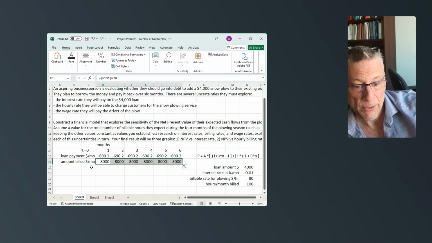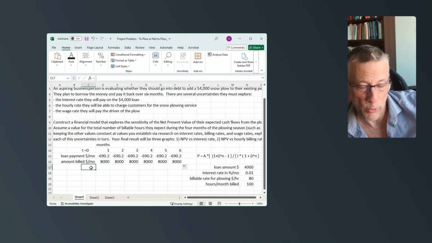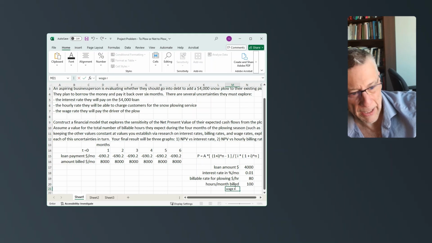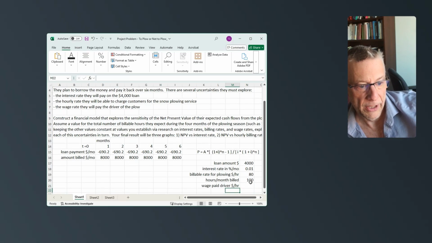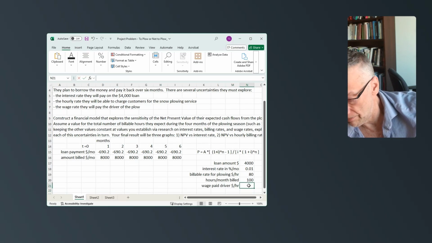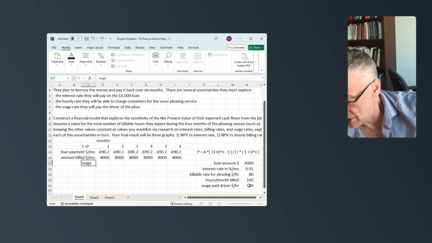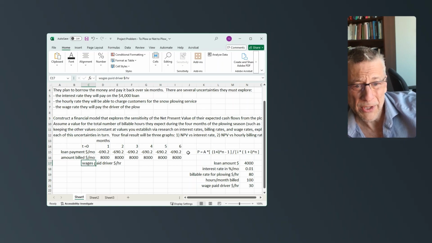That's the revenues. And we have some costs. Remember, we're ignoring depreciation on the truck. We're just talking about the wage paid the driver. And that's going to be in dollars per hour. Let's say it's 30. Now, the wages paid driver, dollars per hour, goes in this column.